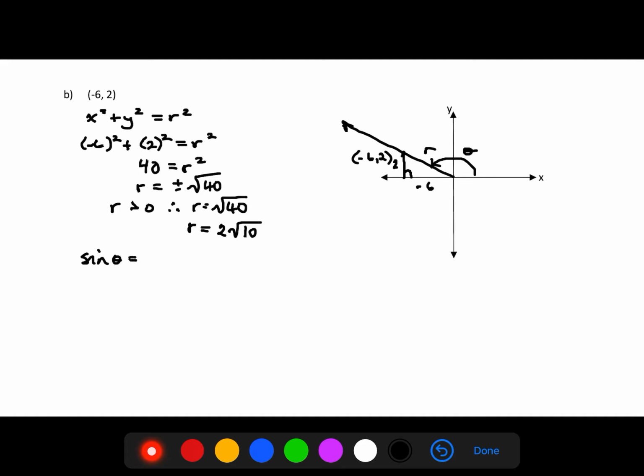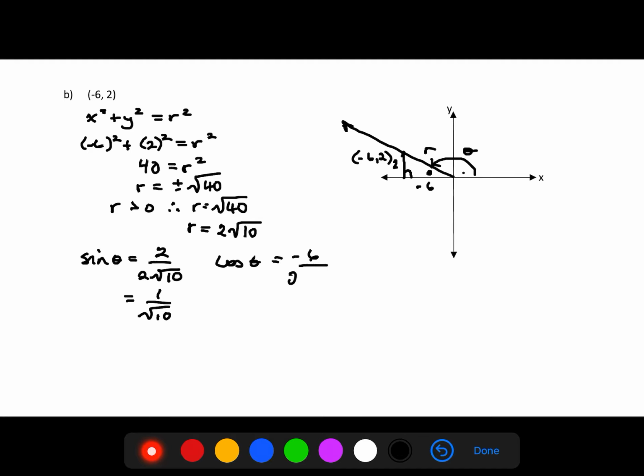So sine theta is equal to, and if we're not sure, we're still using this angle in here. We know that supplementary angles have the same sine ratio. So we have 2 over 2 root 10, y over radius, and we can simplify that to 1 over root 10.